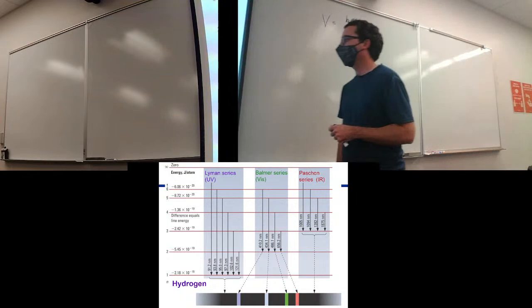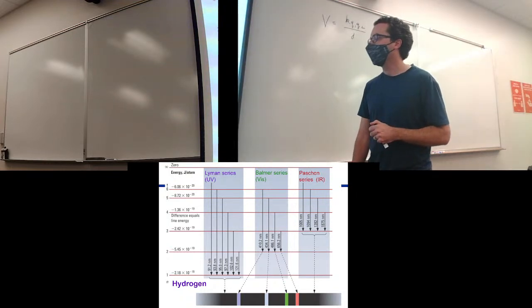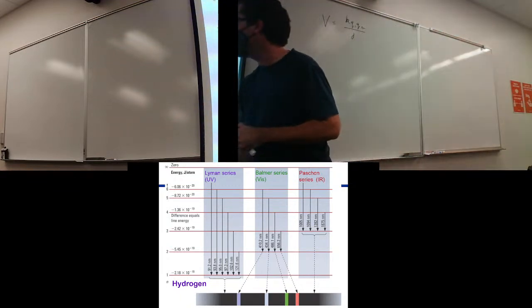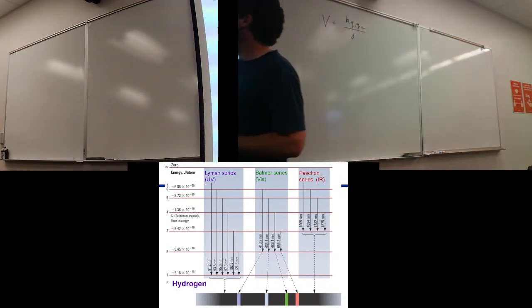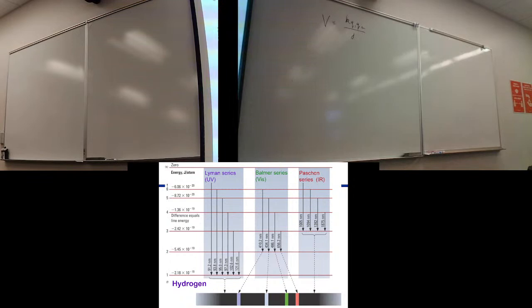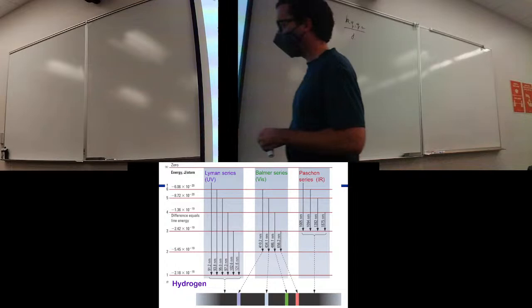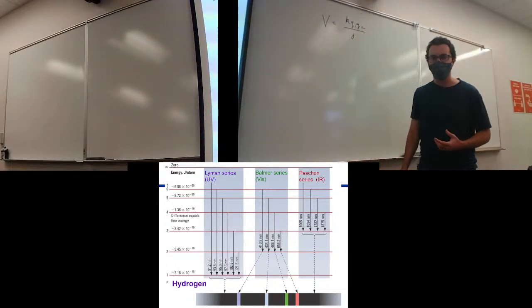So that's kind of what you did in lab. Well, you built a box that's going to let us measure these photons. For hydrogen, coincidentally, only the 3 to 2 transition, the 4 to 2 transition, the 5 to 2 transition, and this one's harder to see, the 6 to 2 transition, are the only transitions you can see.